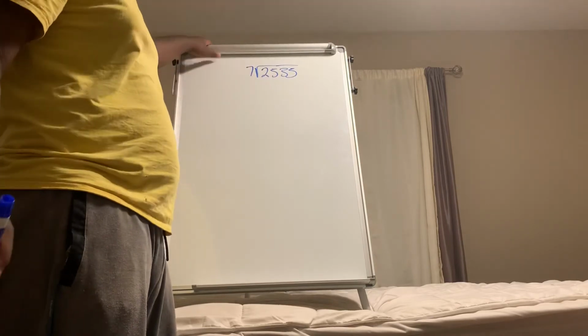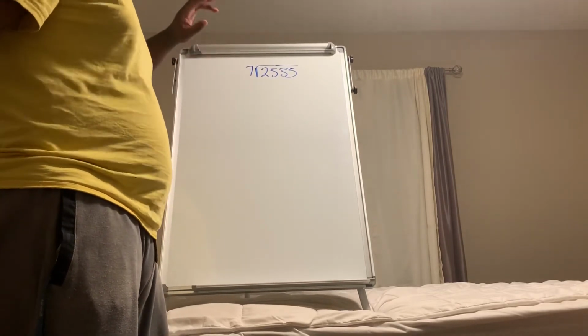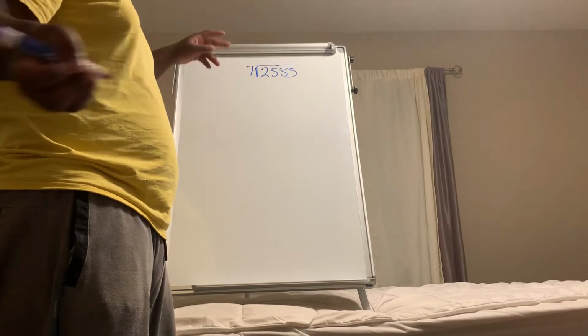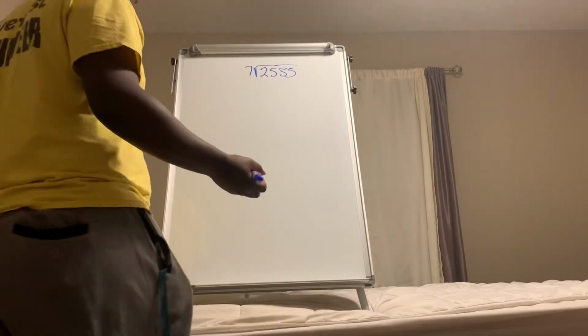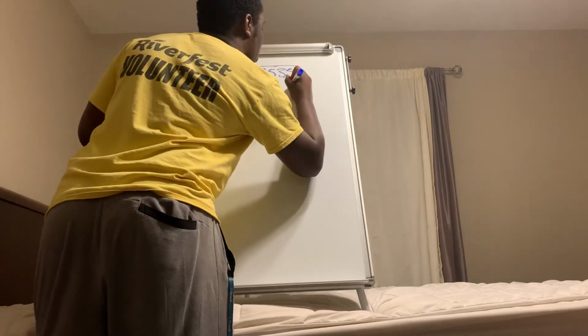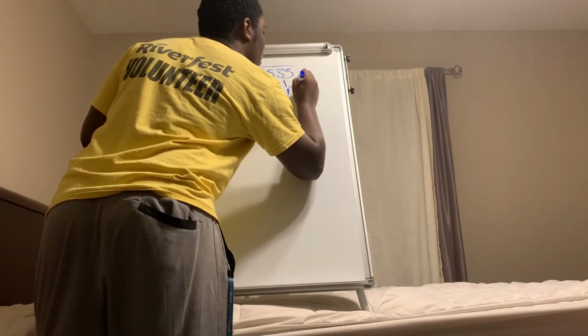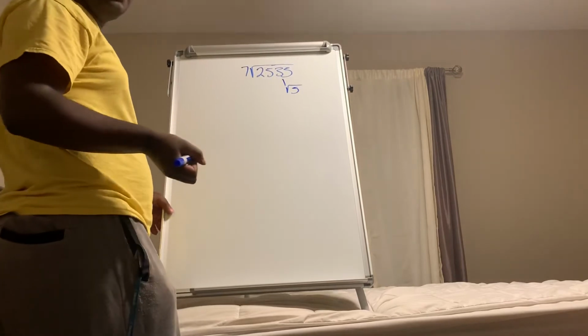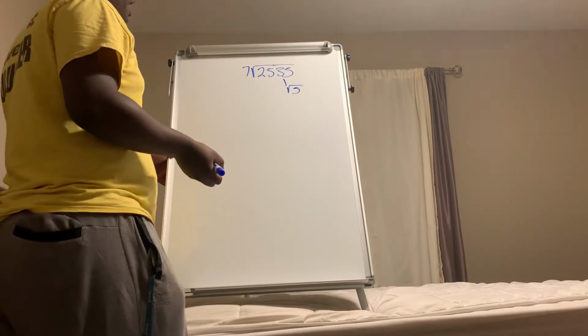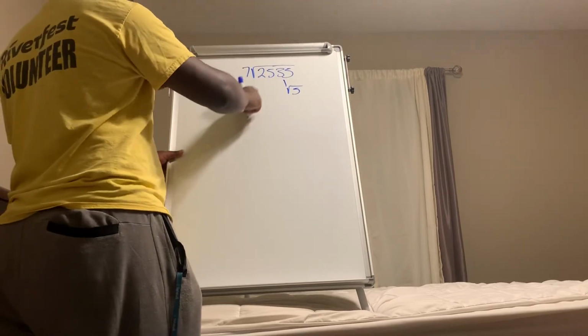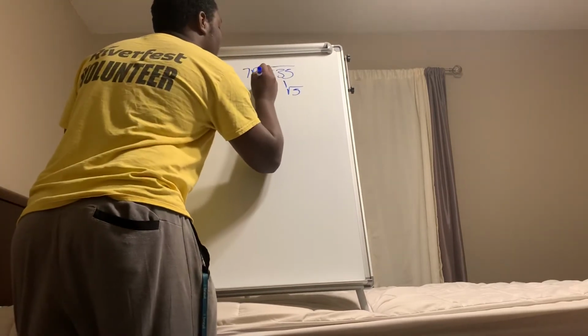Now, without any prior knowledge, this number, even myself, I did not know off the top of my head by looking at it what the perfect square in it was. But I knew that there had to be a perfect square in there, so I divided it by 5. I took a 5 out. And I still was not sure. So I divided it by 5, and on the other side, I got 507.